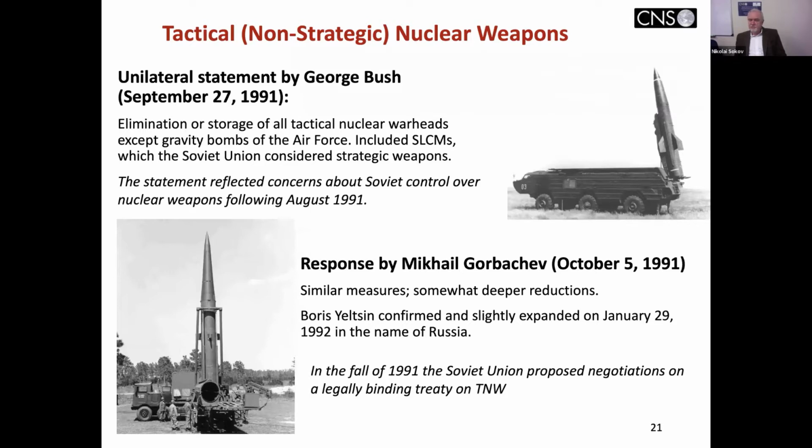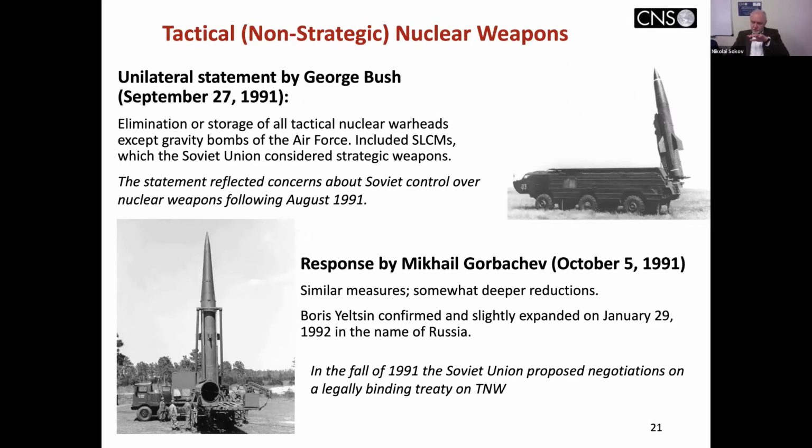The Gorbachev statement also included the proposal to negotiate a legally binding and verifiable treaty on tactical nuclear weapons. Unfortunately, the United States did not accept that proposal, so all we had was this informal regime, and informal regimes are by definition not very stable.